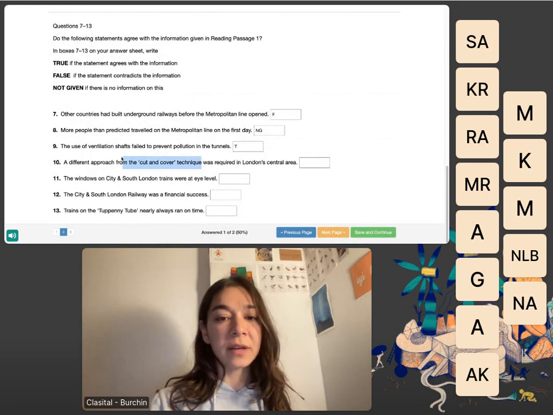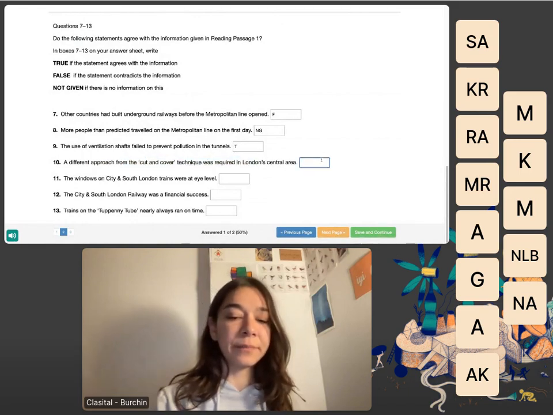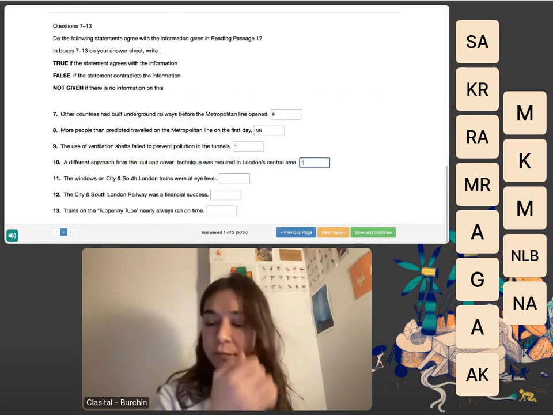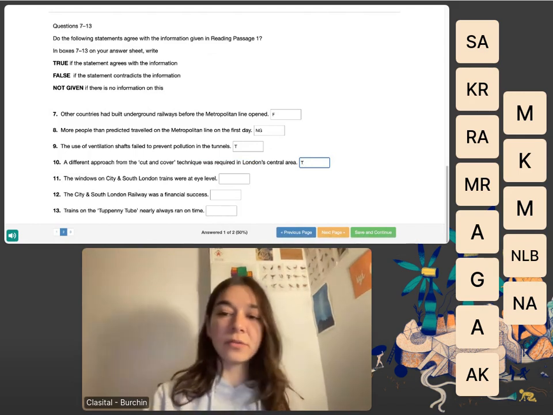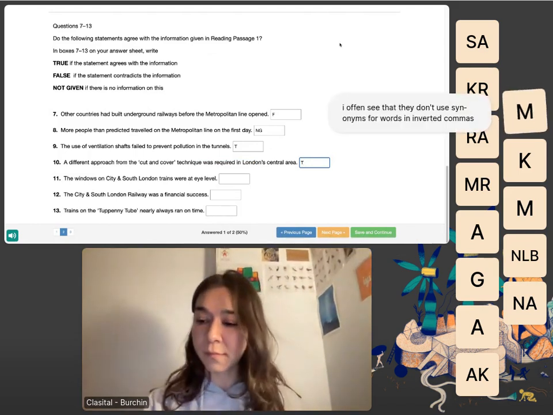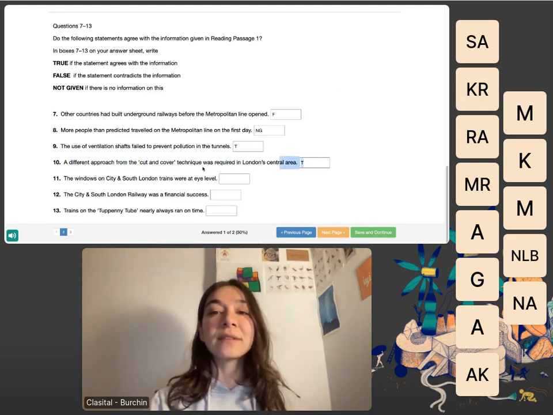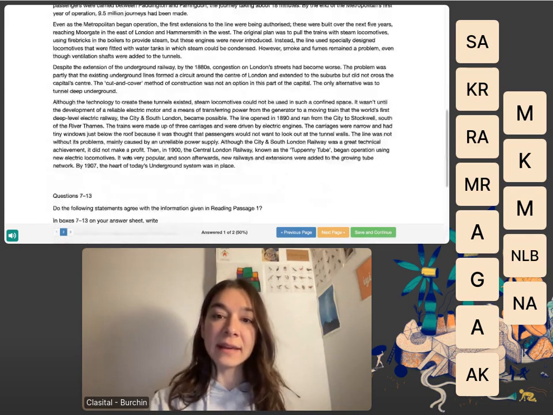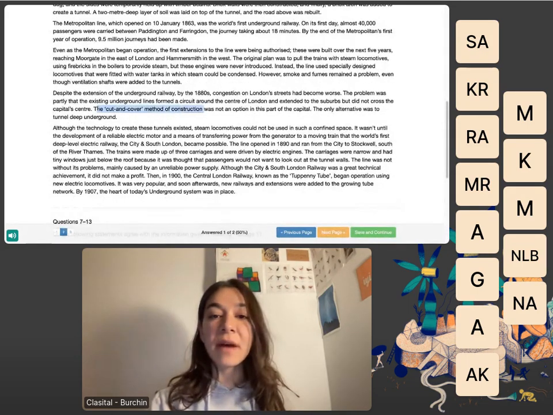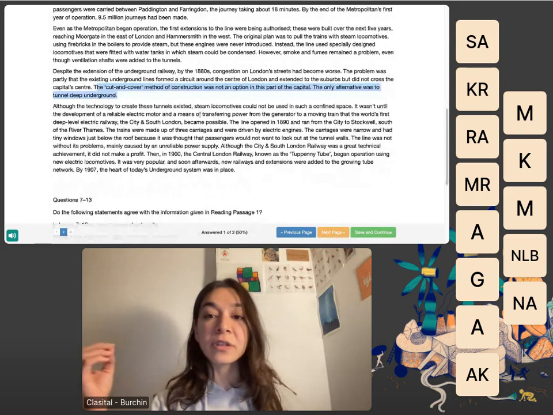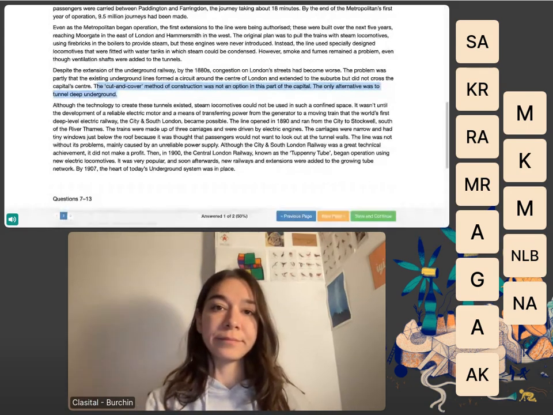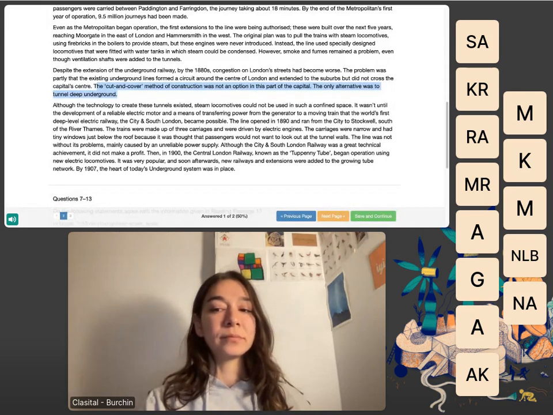A different approach from the cut and cover technique was required in London's central area. It is true. Come on. Okay, and in here it says the cut and cover method of construction was not an option in this part of the capital. So it is true.